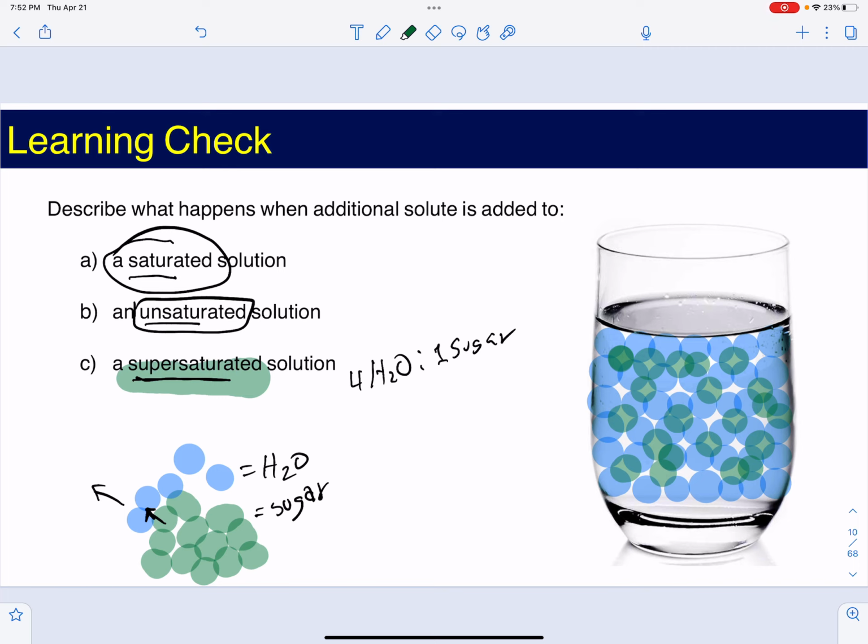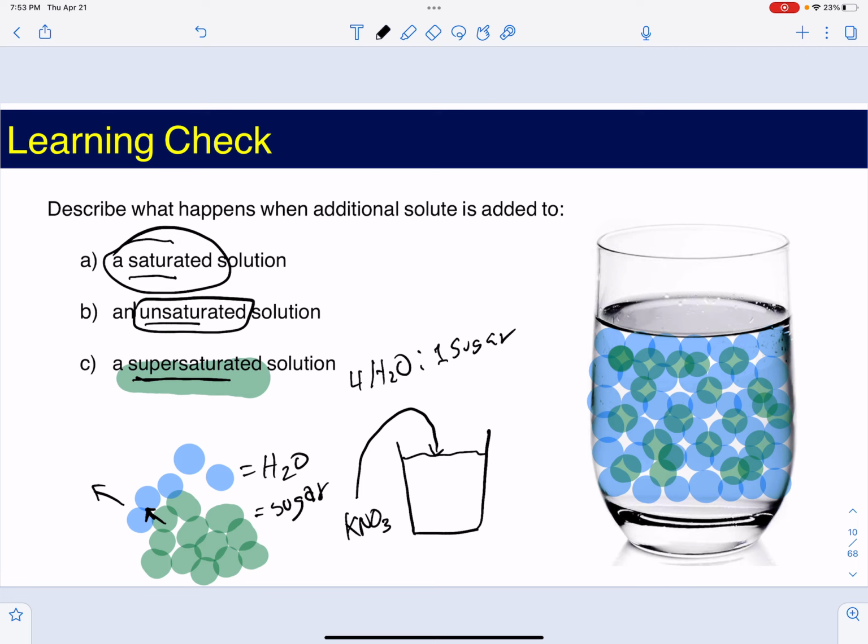For example, if I have a glass of water and I take a solid, let's say potassium nitrate, and I put a lot of it in there, as long as I have water still available, it's going to dissolve.